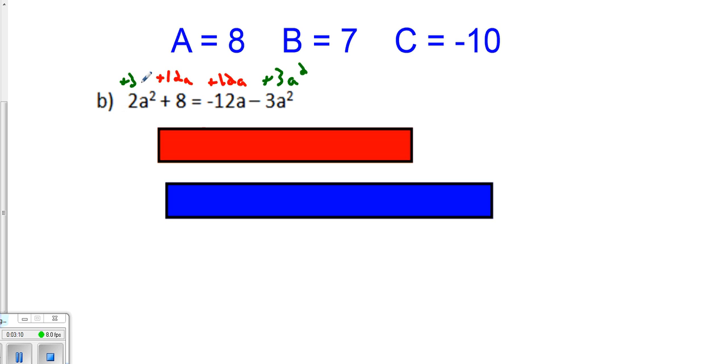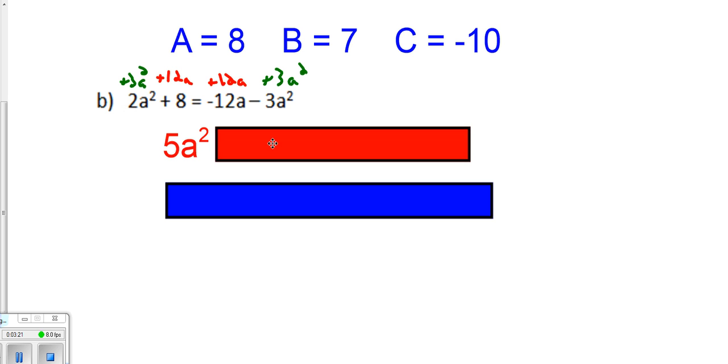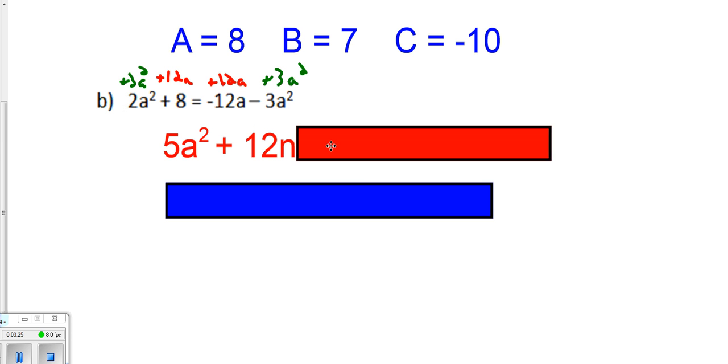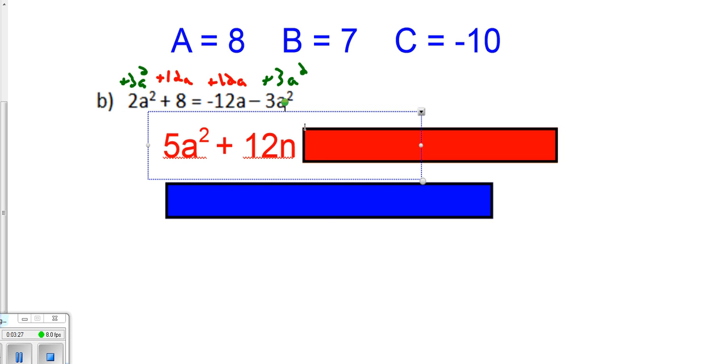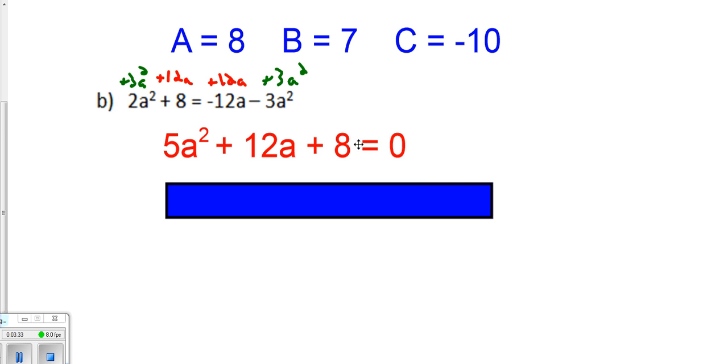There's already 2a squared here, so it'll just add on to that a squared term. 2a squared and 3a squared makes 5a squared. There were no a terms over here, so let's just add that 12a. Oops, this should be an a, not an n. And we still have just that plus 8 at the end. Now, like before, this will cancel out, this will cancel out, leaving just 0.